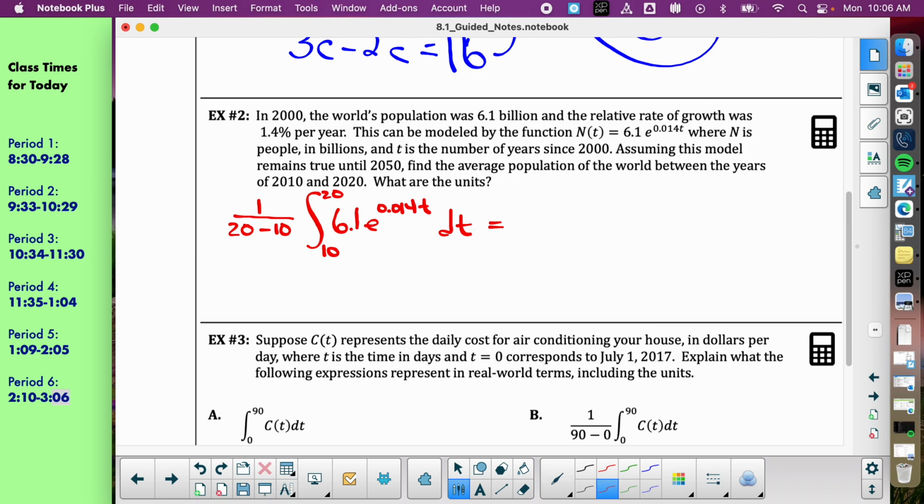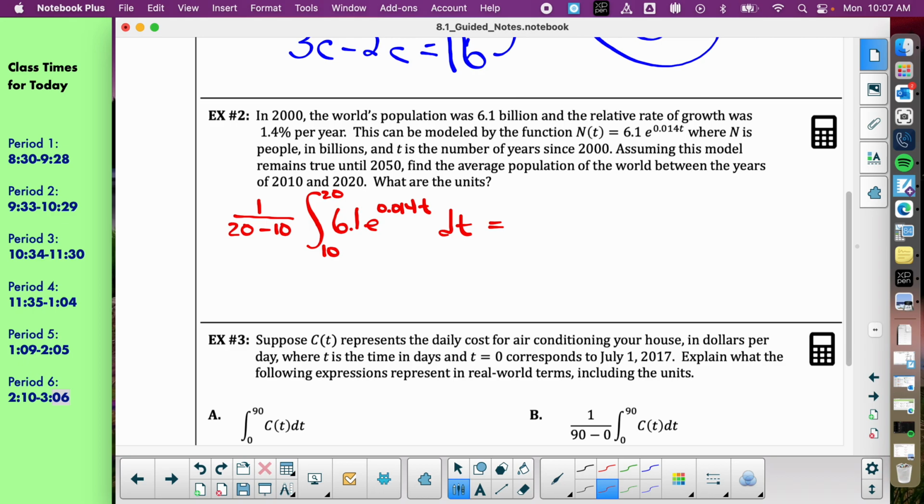Why? You typed it in a calculator. The calculator shows you what you typed in. I mean, it's obviously gonna be bigger than 6.1, but probably not a lot bigger. Average height is the average population.